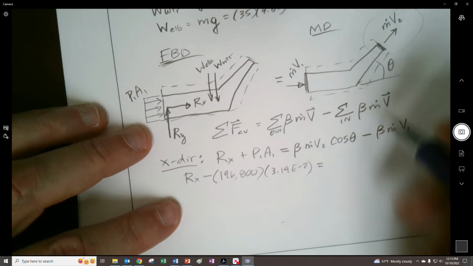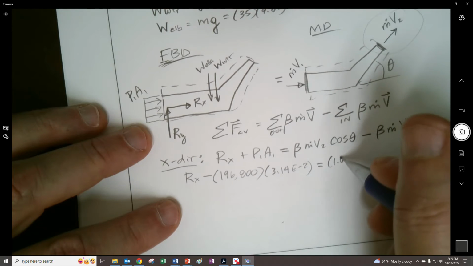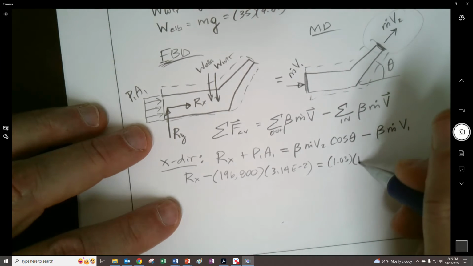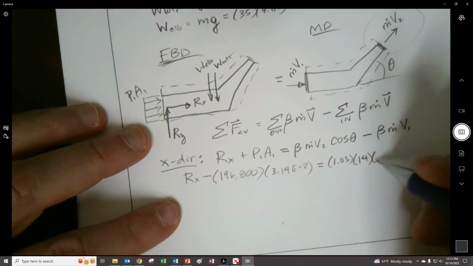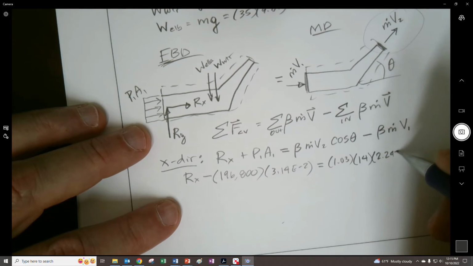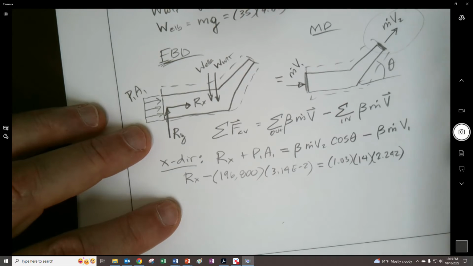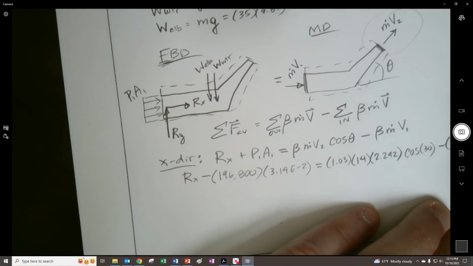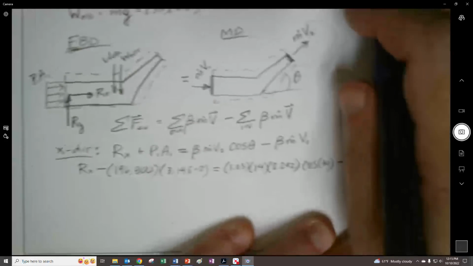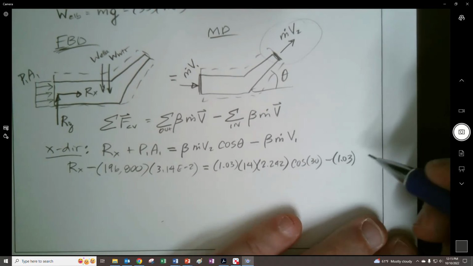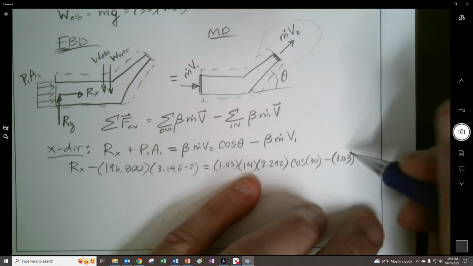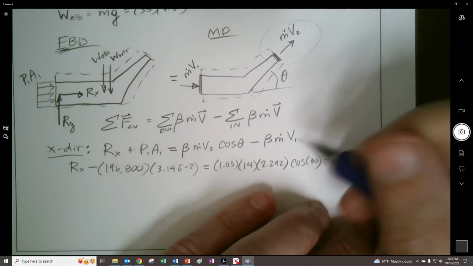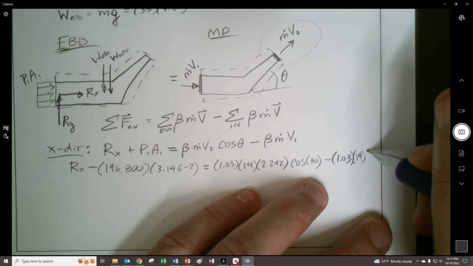That's going to be equal to 1.03 times the flow rate of 14 times the velocity on the inlet of 2.242, right? And cosine of 30. It's going to be minus 1.03, whoops, off the page, on here, and 14. And then the velocity at 1.